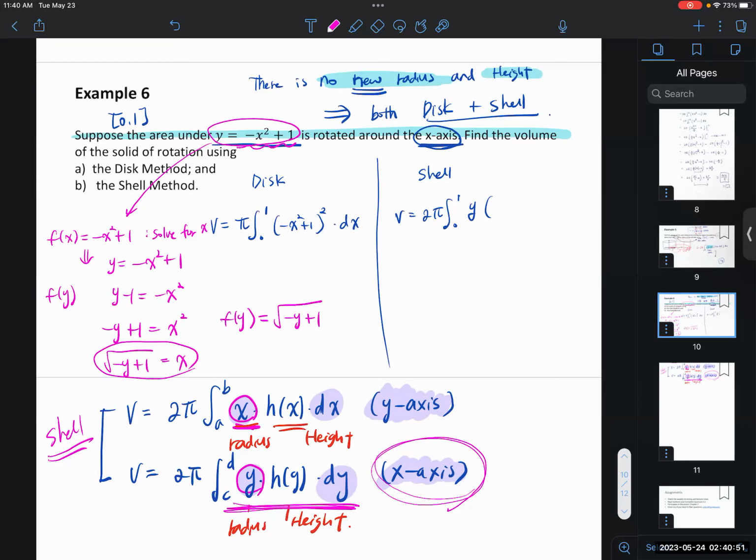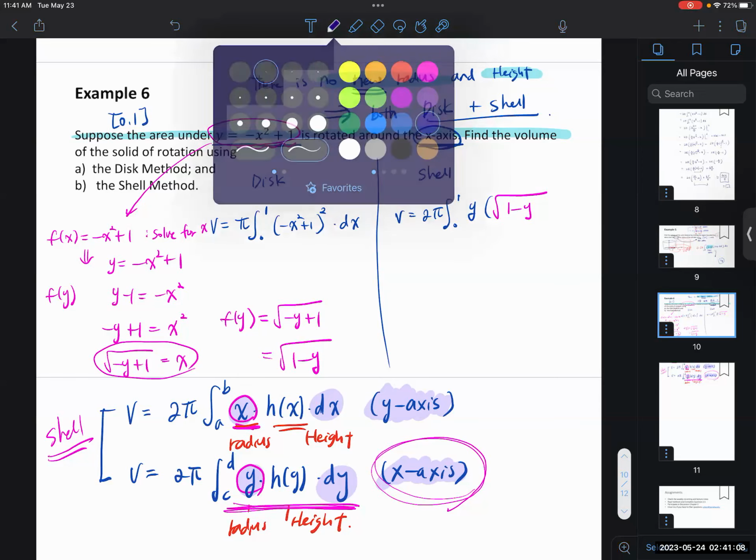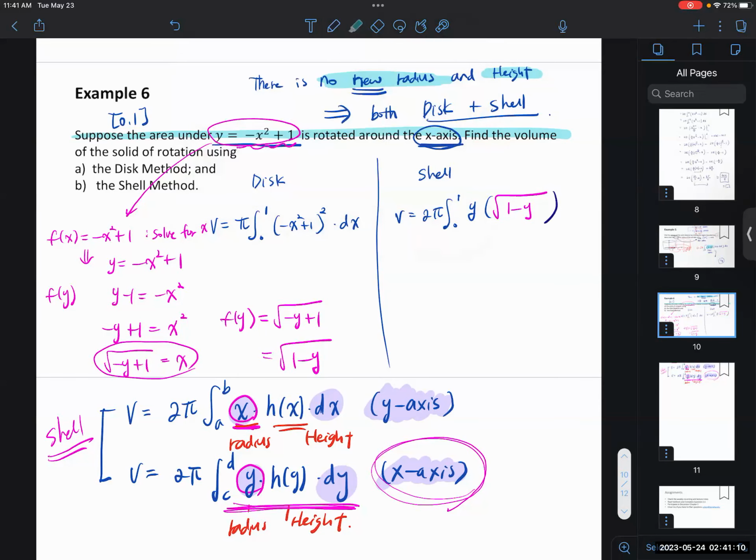So this is not a new height. This is the same height in terms of the y variable. Negative y plus 1, or you can say 1 minus y, same thing, just change the order. And then this is going to be dy. This is just f of y, the height, h of y or f of y, doesn't matter.